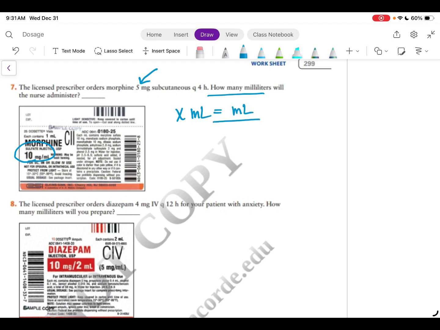From the label, 1 milliliter is 10 milligrams, and then 5 milligrams is our order. So 5 divided by 10 is going to give you 0.5 milliliters. Okay?